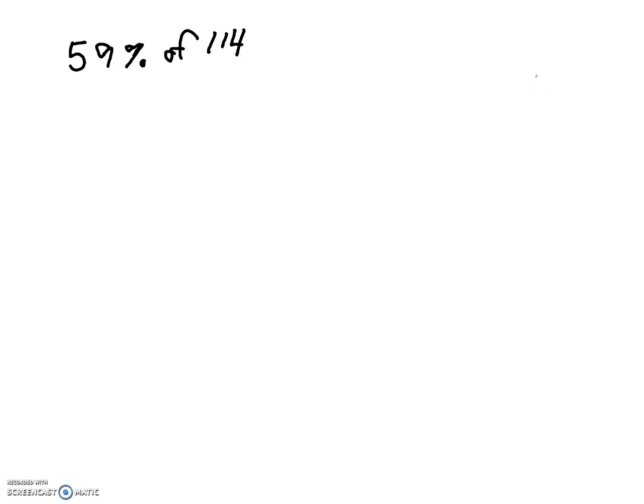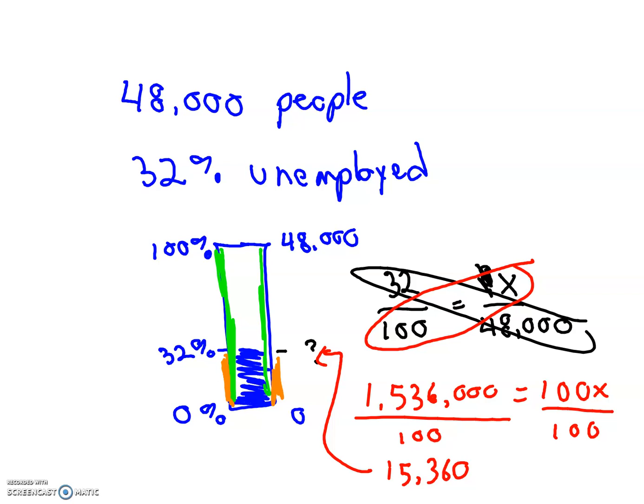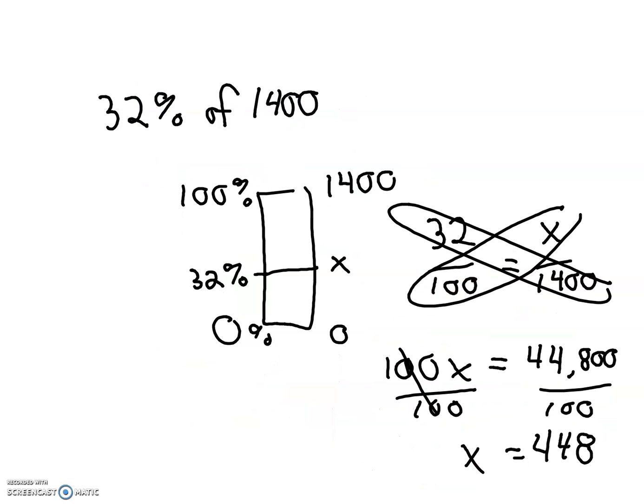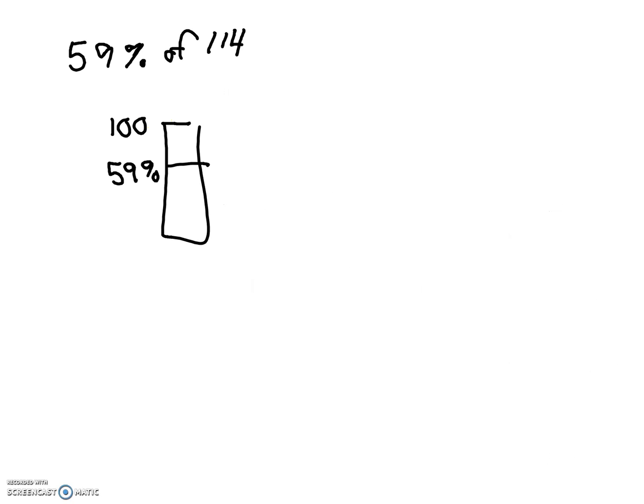And I want you to look at something. Have you noticed that every time we've been taking this, I had my 59%, my 100% was up here, my 0% was down here.